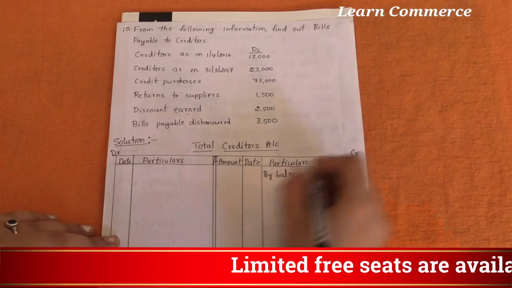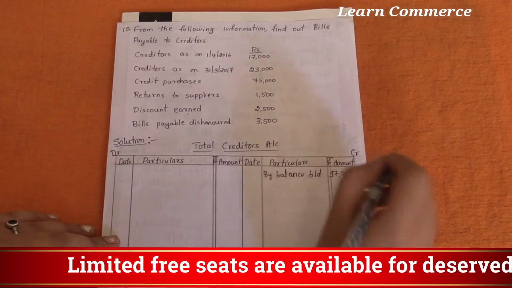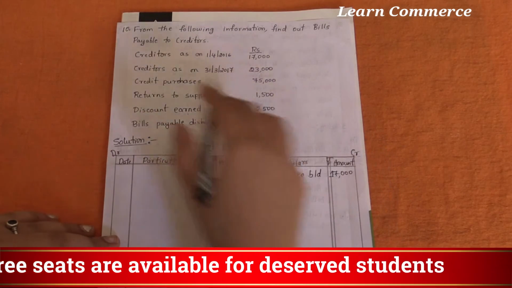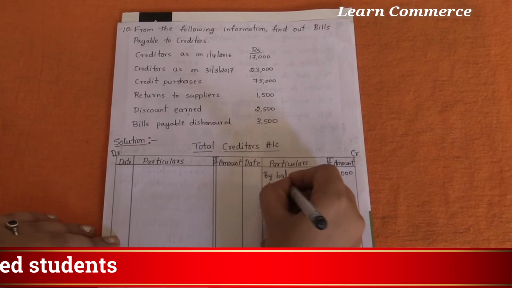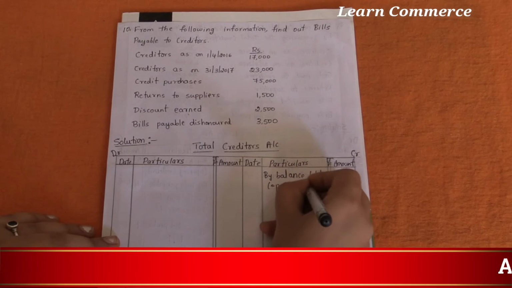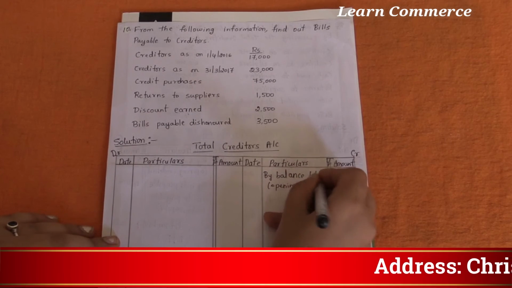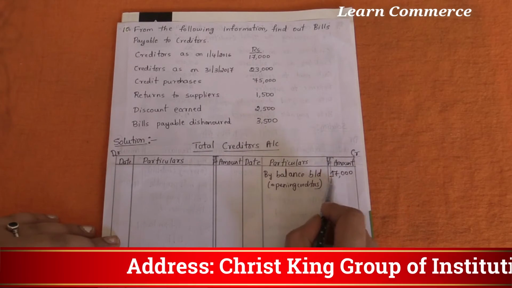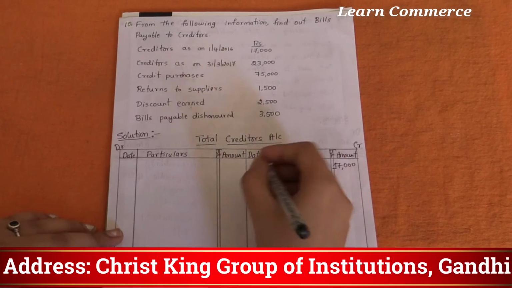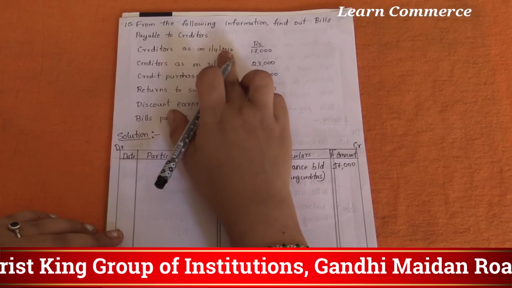Here write opening creditors, that is 17,000. Write the date here, 1/4/2016, as given.